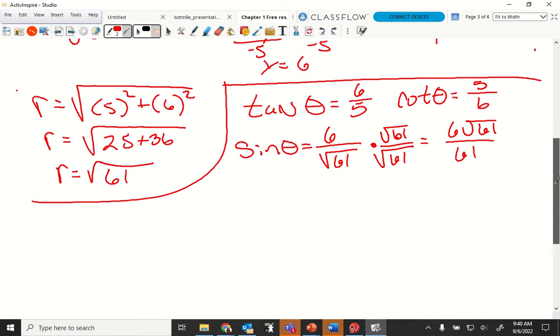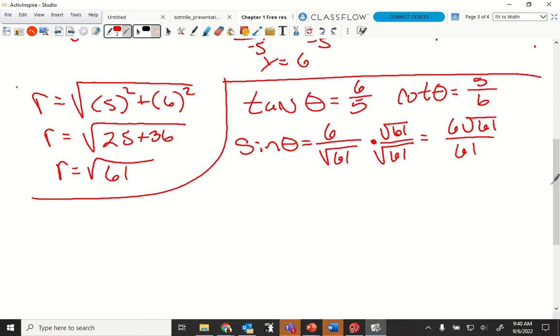Next one we're going to do is cosine. So cosine theta. Cosine is x over r, right? 5 over the square root of 61.